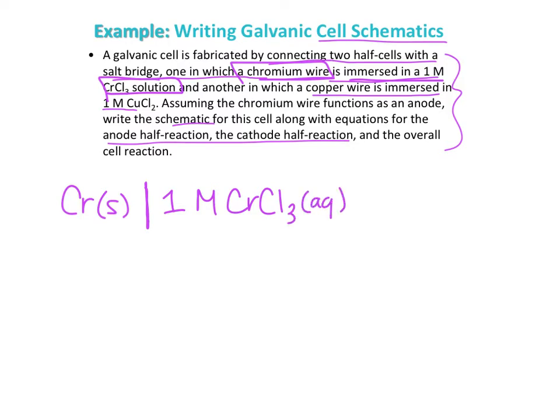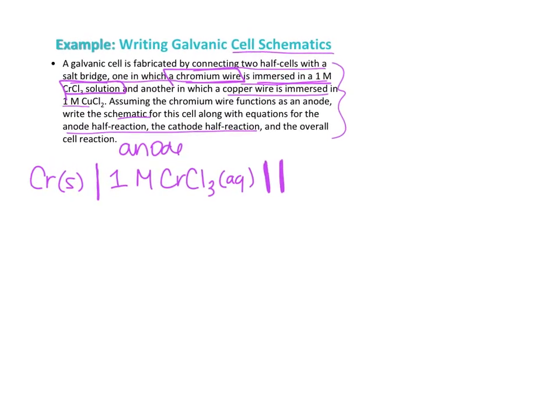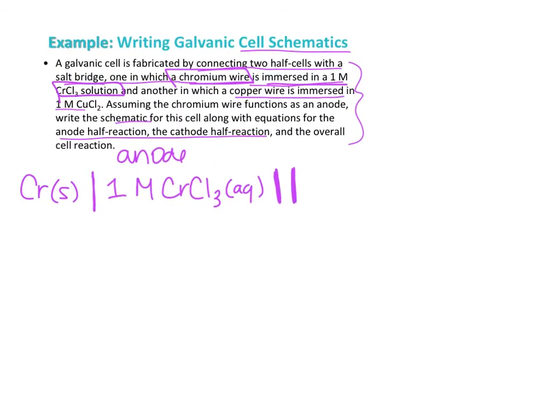And that's it. That's our anode side. We know that our anode always comes first. And then we're going to write 2 lines to signify that is one side of our reaction, so that's half of your cell, and then the other half cell is your cathode side.